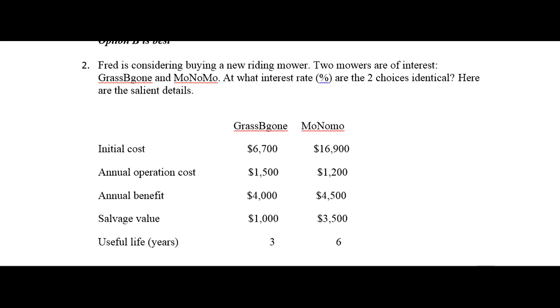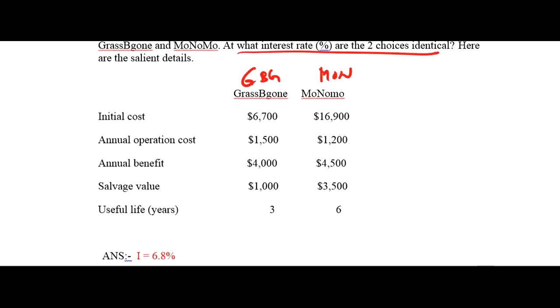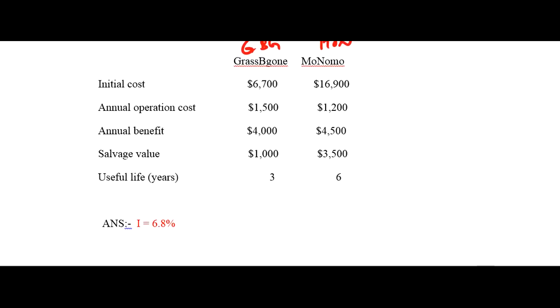I'll call them GBG and MON. At what interest rate, this part was missing on the blackboard. At what interest rate are the two choices identical? Here are the salient features. So you have been given values for two different cases, and the answer should come to around 6.8 percent, and we'll see how it can be done.